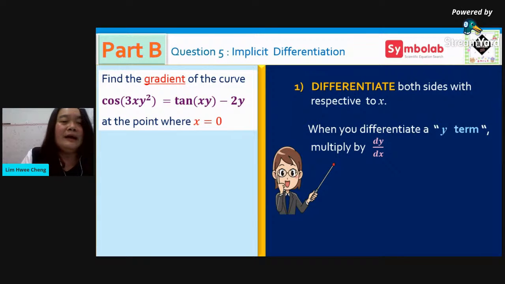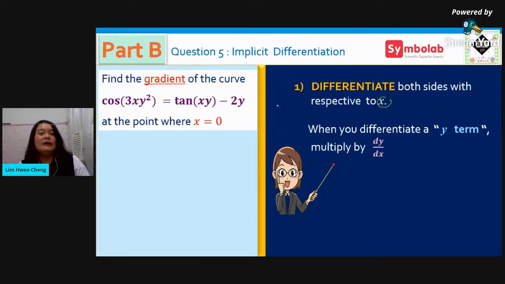If you look at this function, you know that this is an implicit function at the point when x equals 0. So I just recall the summary chapter about the implicit derivative. First of all, if you want to do the implicit derivative, we always start by differentiating both sides with respect to x. You see what they want: the gradient, dy dx, so differentiate both sides with respect to x.